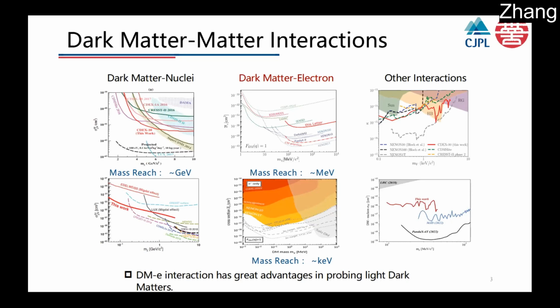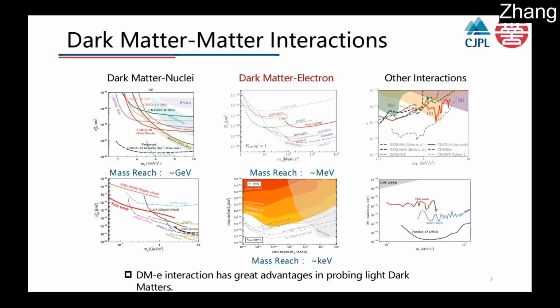As a result, we have great sensitivity to light dark matter particles. Currently, the lowest dark matter mass reach of the nuclei experiments is at the GeV level. However, for dark matter electron interactions, the mass reach has reached the MeV level, and for some accelerated dark matter analyses, it has already reached the PeV level.